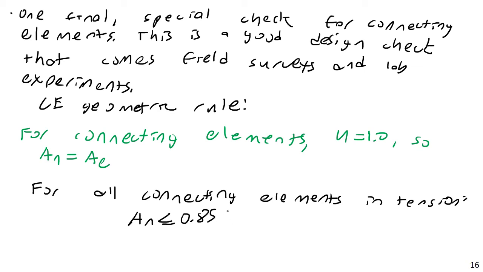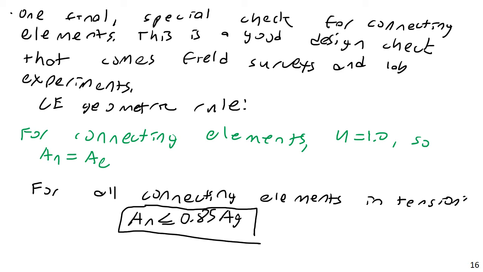Again, this is not based on raw strength. We're not actually calculating the strength of these, such as, this section has this kind of capacity in kips, and here's our load. This is more of a geometric check where we say we've seen that if we let the net area go over 85% of the gross area, we tend to run into problems with connecting elements.